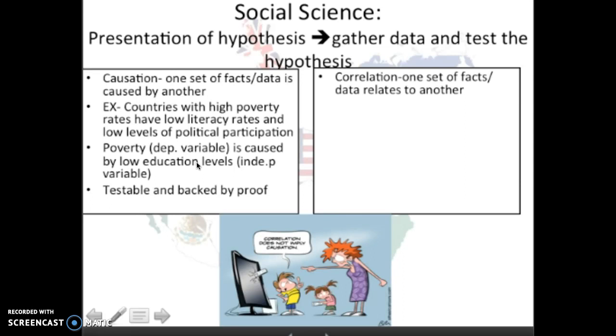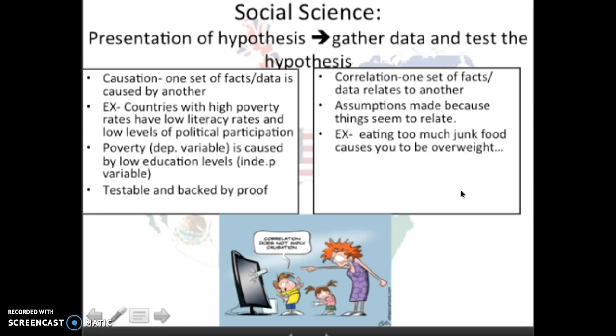Correlation is a little bit different. This is when one set of facts or data relates to another, but you're making assumptions because things seem to relate, but it's not testable and it's not backed by proof. You know what they say happens when you assume, and that can happen when you're making correlations. Like you can make an assumption that eating too much junk food causes you to be overweight.